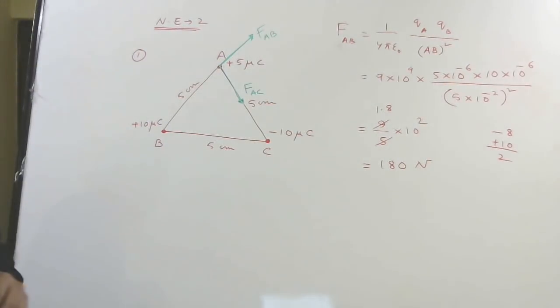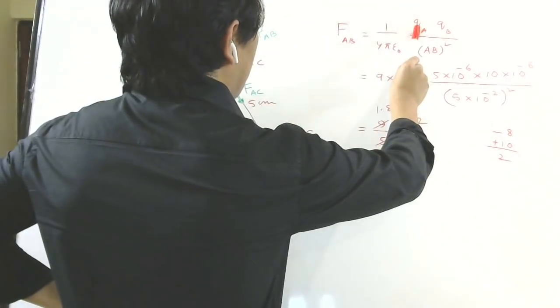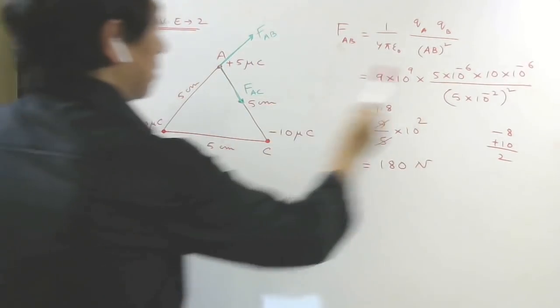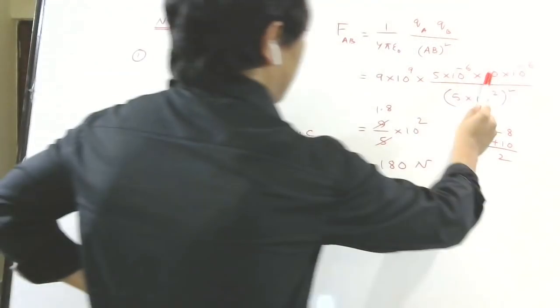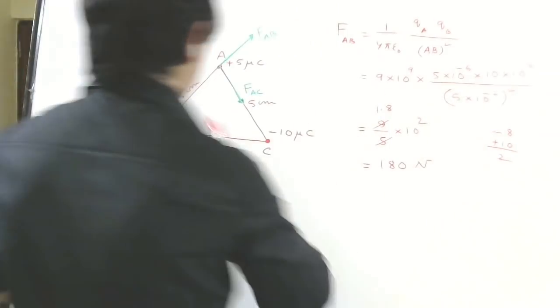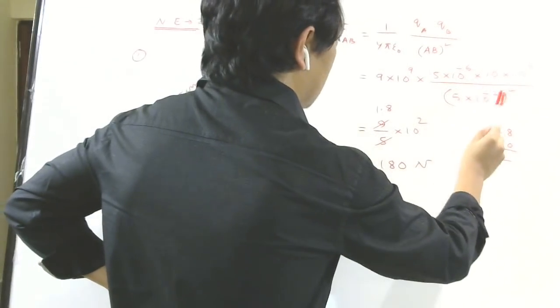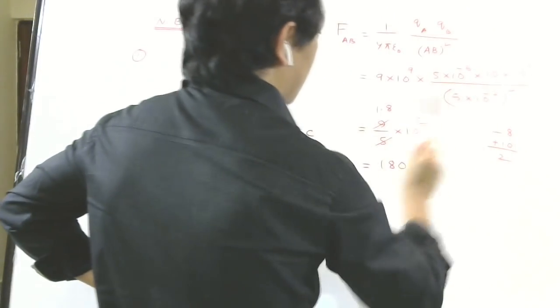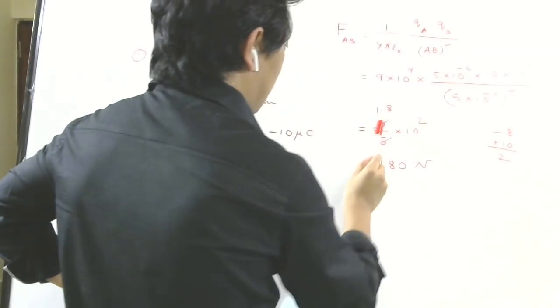Let us check once, okay? Sometimes we may make mistakes, so better to check once. Charge at A was 5 microcoulomb, so 5 into 10 power minus 6. Charge at B is 10 microcoulomb, 10 into 10 power minus 6. This distance is 5 centimeter, so 5 into 10 power minus 2 meter, whole square. Then this is 25, 5 divided by 25 will be 5, so 9 by 5 I wrote here.